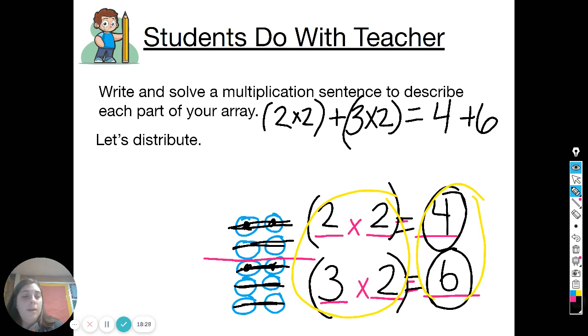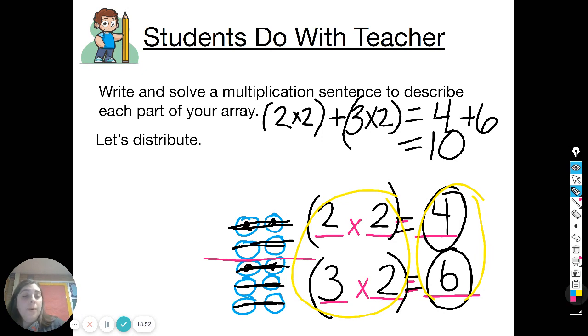Okay, well, let's go ahead and solve the last part first. We have 4 plus 6, so I'm going to start with 4 and add on 6 more. Ready? 4, 5, 6, 7, 8, 9, 10. So I know this part equals 10.